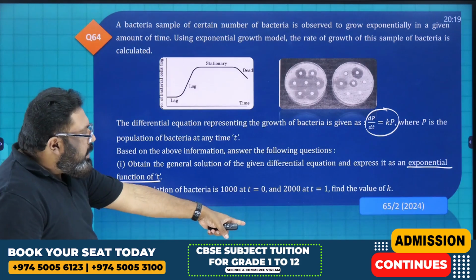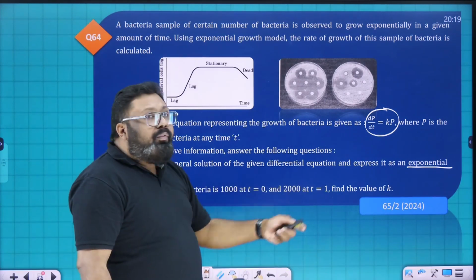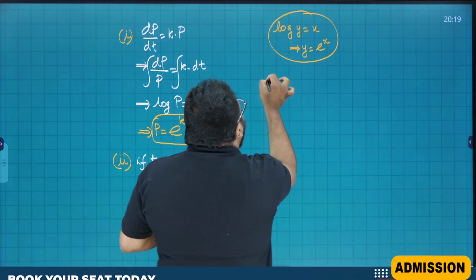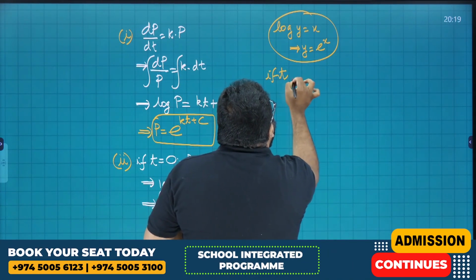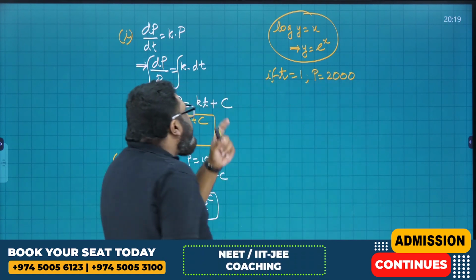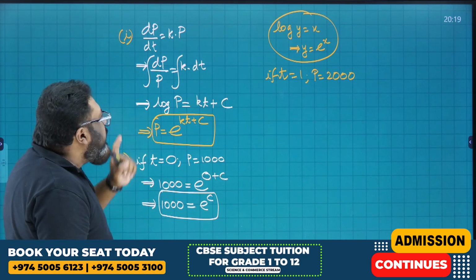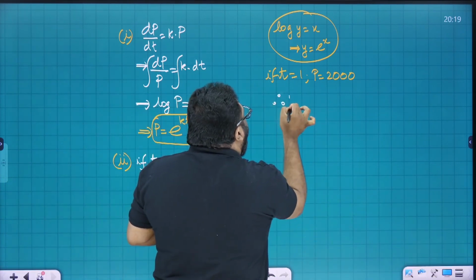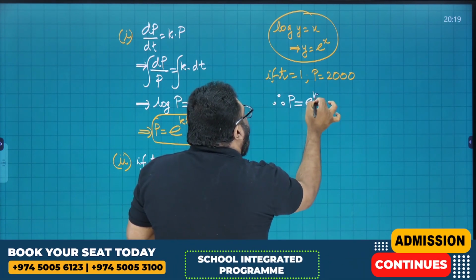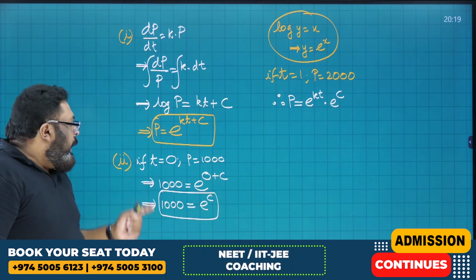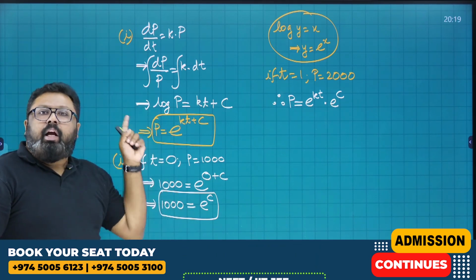Next, my dears, they are saying that p is 2000 if t is equal to 1. All of you, if t is equal to 1, p is equal to 2000. You substitute that again in this p. But before substituting, try to understand that p is e raised to kt plus c.